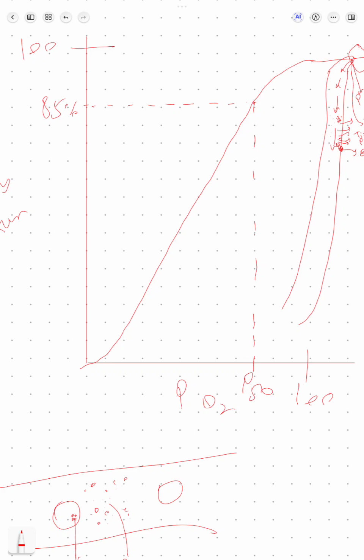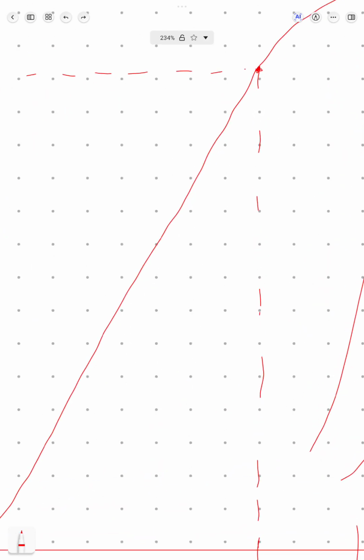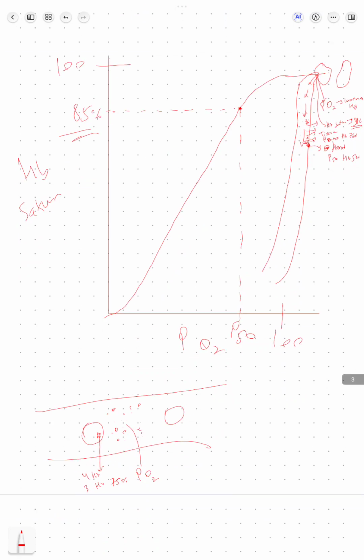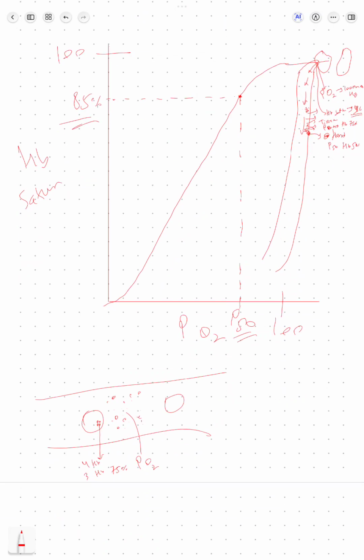So at this point there is 85% saturation of this blood. Hemoglobin is 85% saturated and the partial pressure of oxygen is 50.